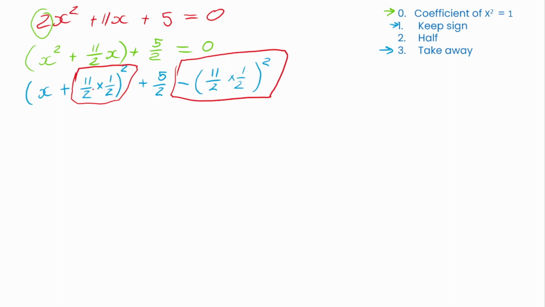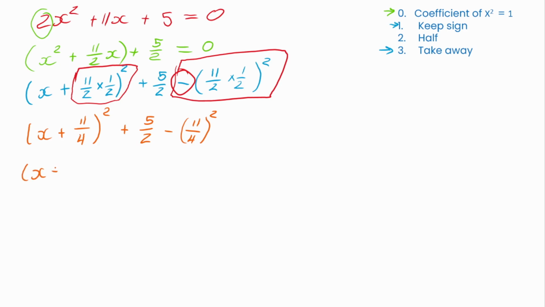So you'll see these are the exact same, but what's special is this minus because we're taking away this thing that we've just created. All right, so if we evaluate this in the bracket, we're going to be getting 11 over 4 all squared plus 5 over 2 minus 11 over 4 all squared.